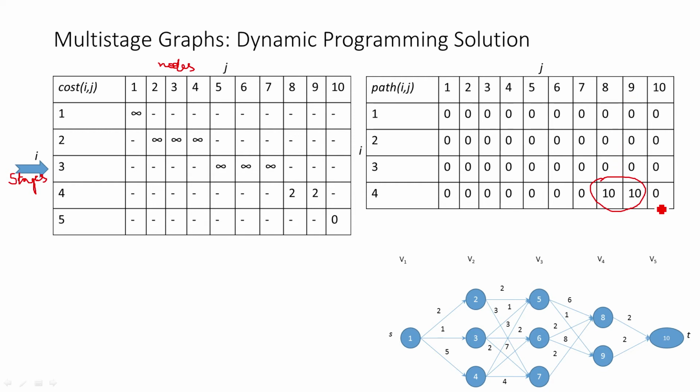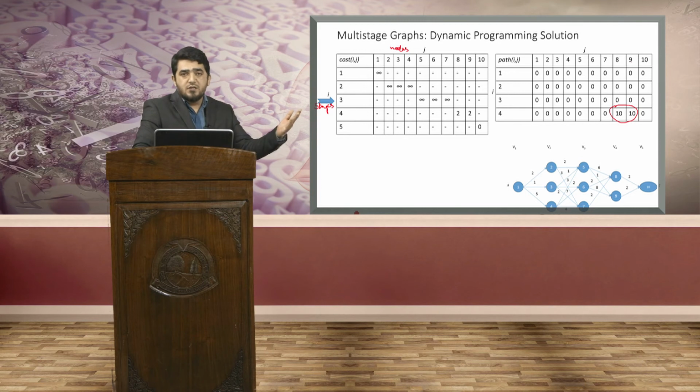Similarly for 9, if we have chosen node number 9 in stage 4, in order to go to the final node T, we have to choose node number 10, and this node number 10 is itself the final node. So we'll illustrate using dynamic programming how we will fill these different arrays.